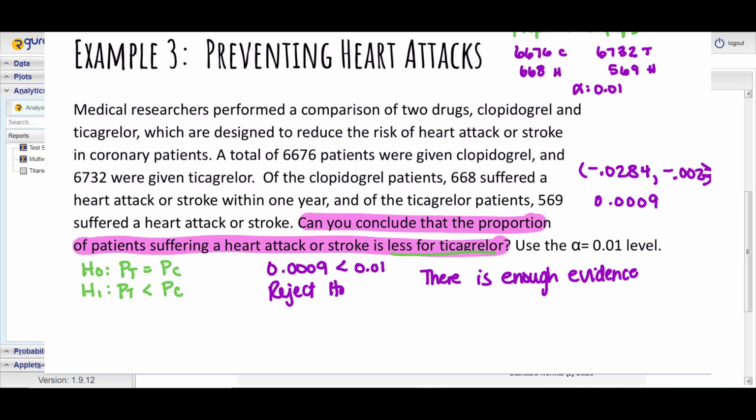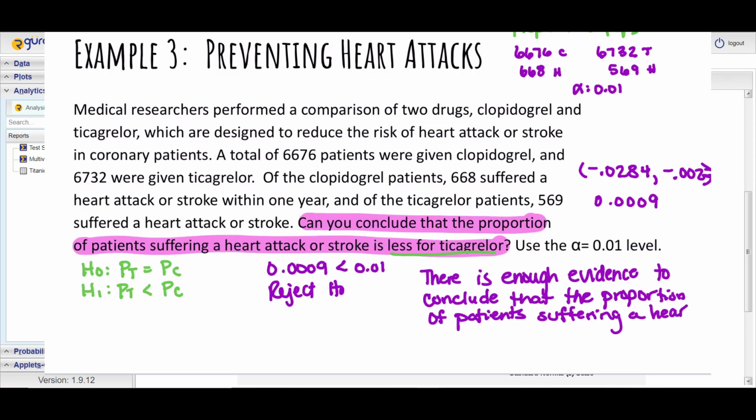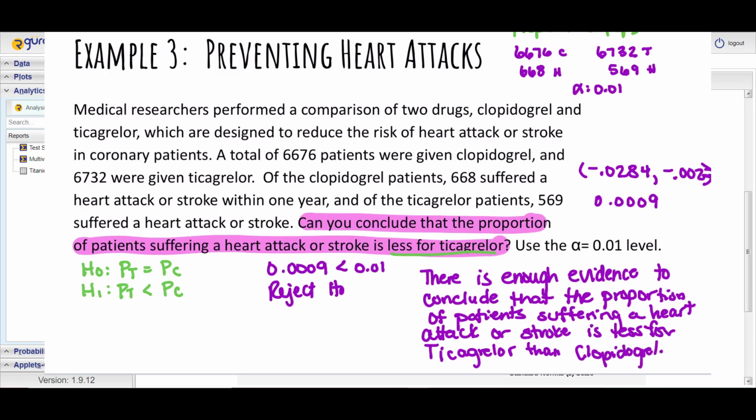But we need to write H1 in context, to conclude that the proportion of patients suffering a heart attack or stroke is less for ticagrelor than clopidogrel. Whew. All right, so there we go.